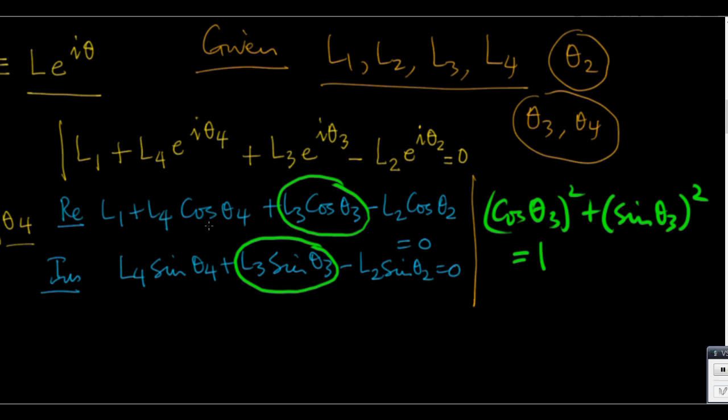That has the square of this one and the square of this one, but L4 square cos square theta 4, L4 square sin square theta 4, they add up, and so the cos square and sin square go away. Theta 2 is known, this is eliminated, and so we finally end up with an equation that has this form.